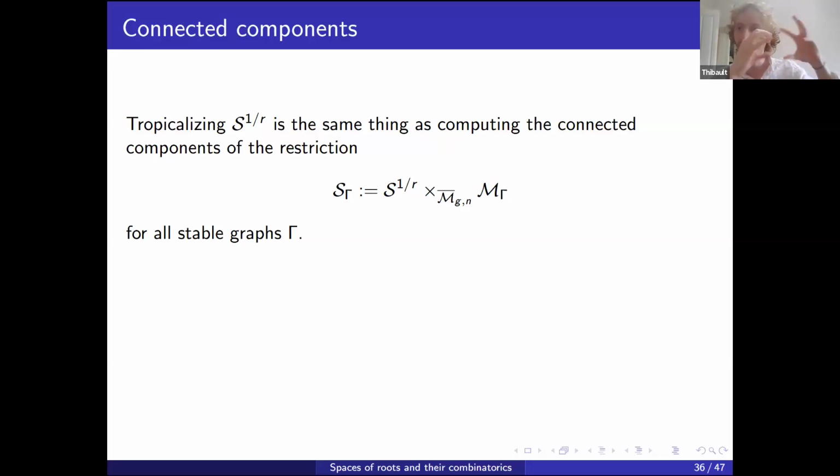I had a very coarse thing, the dual graph, and I have found some more refined invariant. So this is what we're going to take as a definition for now, right? The tropicalization of the space of roots is simply going to be the big complex made of all the connected components of all of these pulled back strata.